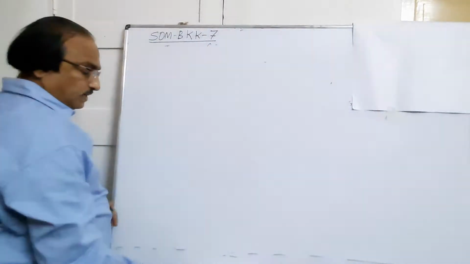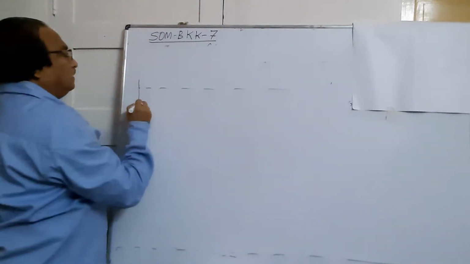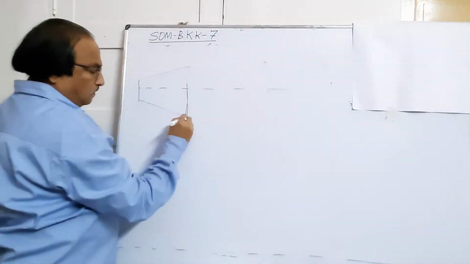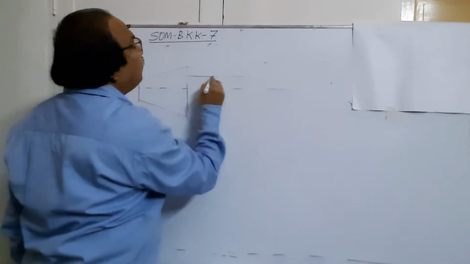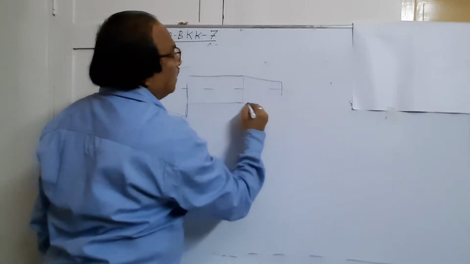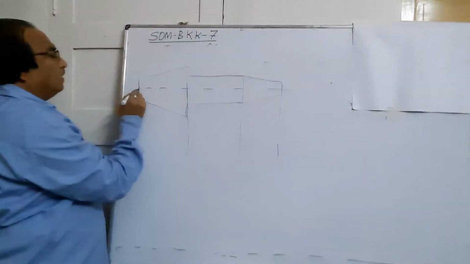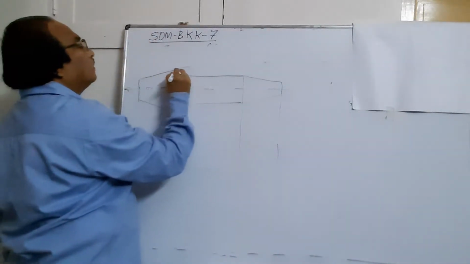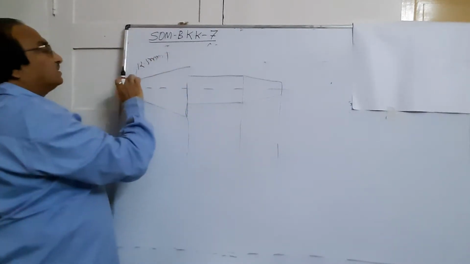So let us take a problem here. This is a tapering circular bar.